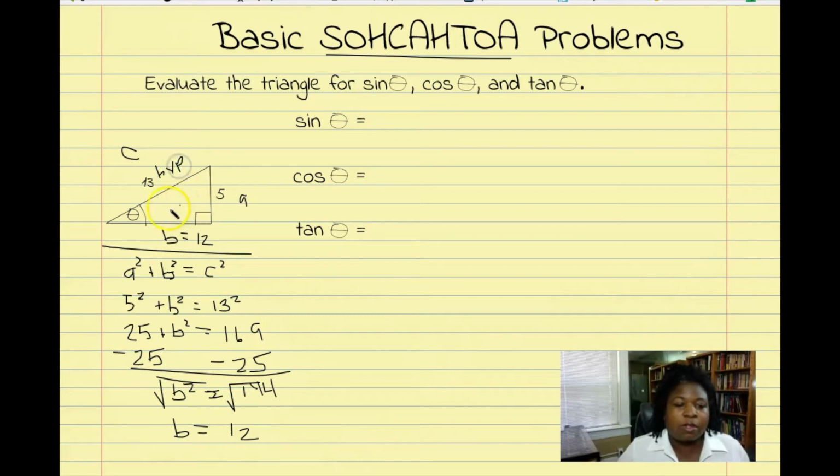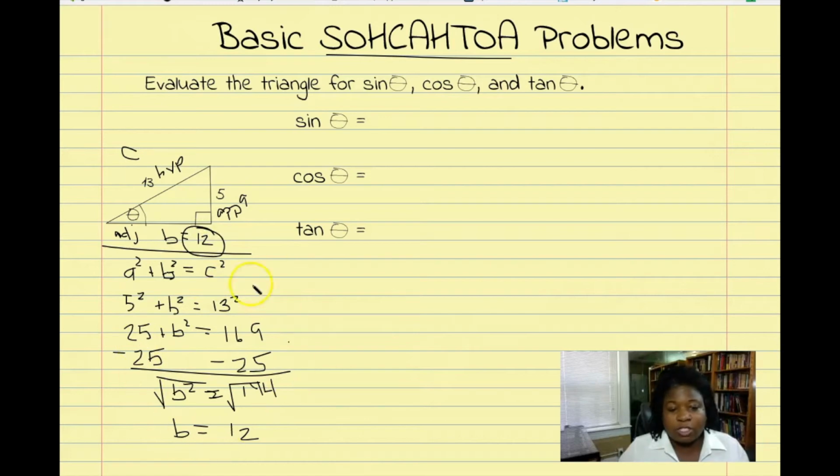And then if we look at theta, that's here, the side opposite theta is 5. And the side adjacent to theta is 12.